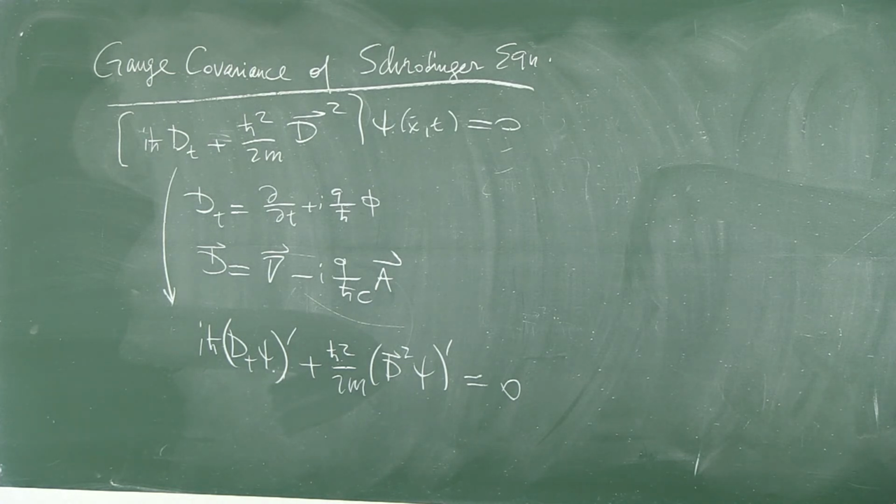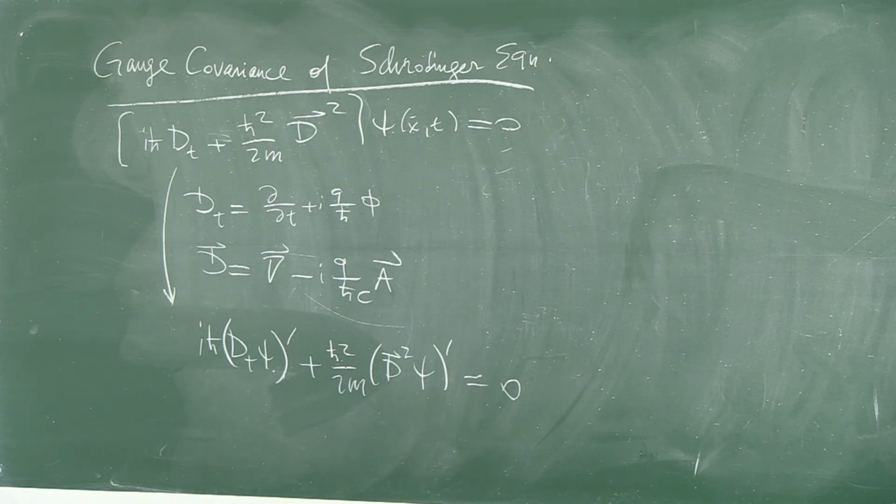So I say, based on that initial information, let's also transform the psi. But obviously these transformations must be unitary transformations because we want to preserve the norm.